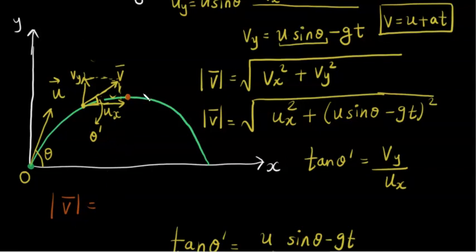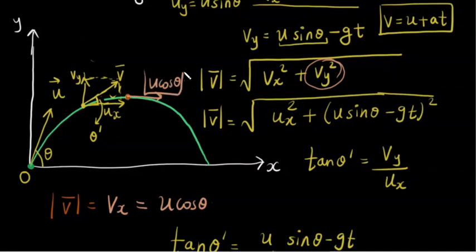So only vx remains. If I put vy as 0 in this expression, I get only vx, which is nothing but u cos theta. That means at the topmost part only the horizontal component of velocity exists, and that is u cos theta. So the whole velocity is u cos theta.